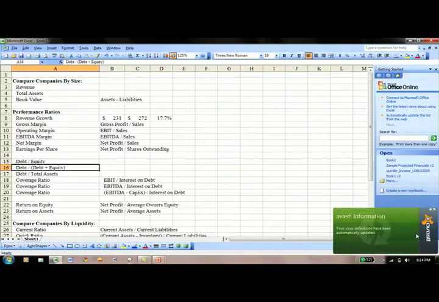So operating profit, which is essentially your earnings before interest and taxes, or your EBIT, divided by the interest on debt, gives you a sense of comfort. So if the EBIT is 20 million and the interest on debt is 2 million, then you know that this company can very comfortably pay off its interests.